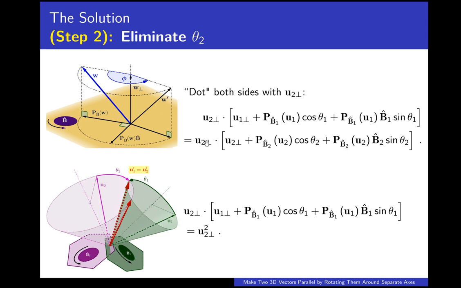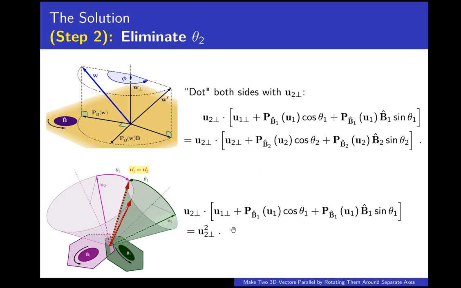So here we get u2 perpendicular dotted with itself, u2 perpendicular dotted with something that's perpendicular to itself here, and u2 perpendicular dotted with another thing that's perpendicular to itself here. So u2 perpendicular with this is 0, u2 perpendicular dotted with this is 0, and the right-hand side reduces down to just the square of u2 perpendicular.